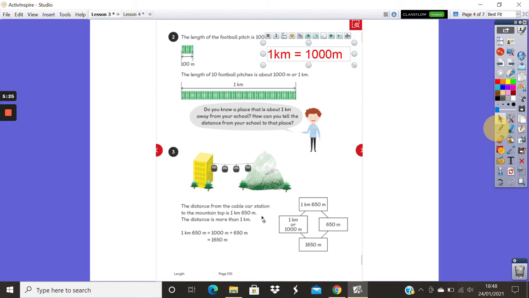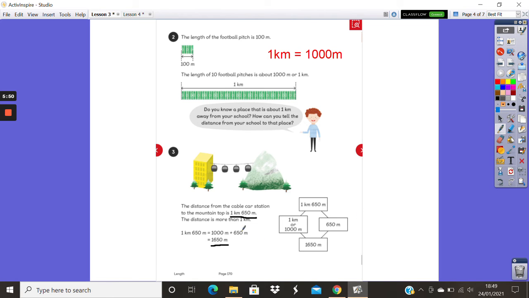So the distance from the cable car station to the mountaintop is 1 kilometre 650 metres. The distance is more than 1 kilometre. So we've got 1 kilometre 650 metres, which is then split up. So we've got 1,000 metres add 650 metres equals 1,650 metres.